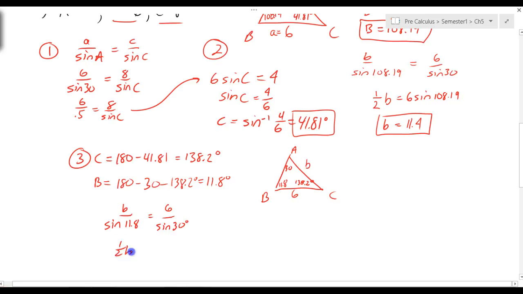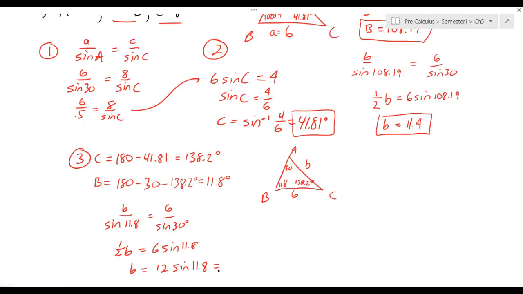And so we get 1/2 B equals 6 sine 11.8. And so B then is 12 sine 11.8, which if you type that in your calculator, you end up with B equals 2.5.